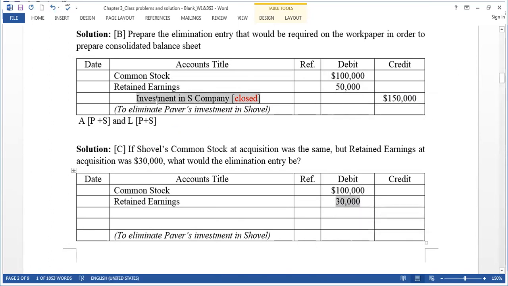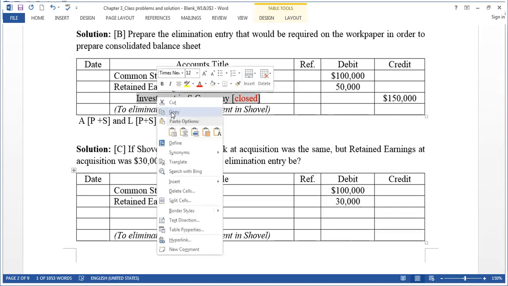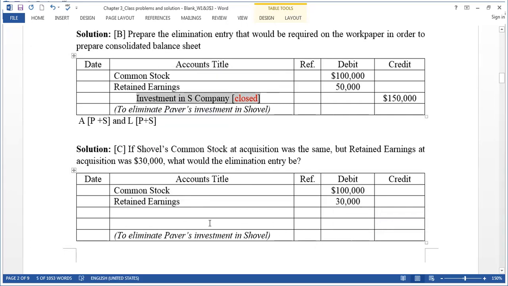And we have to close this account, investment in subsidiary. So these are the closed accounts actually.